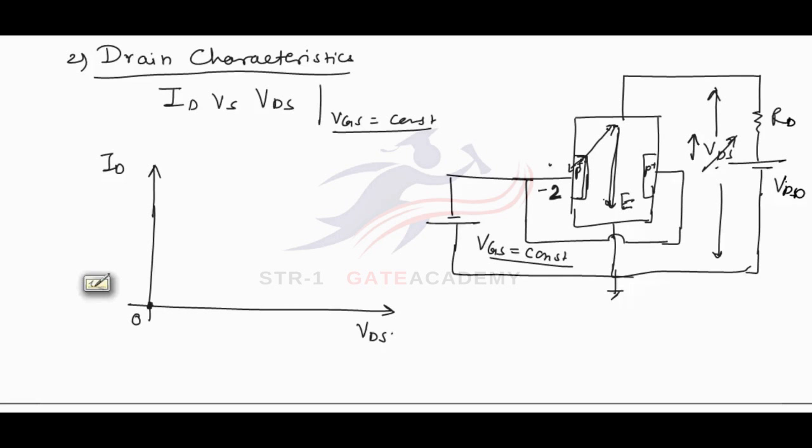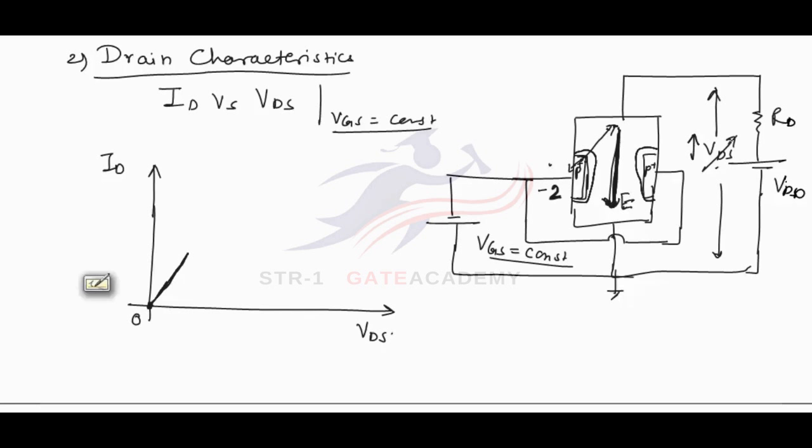Also, the field in the channel will be increasing. So now the depletion layer width can be seen like this. But with increase in electric field, the charge carrier flow will also increase, and at lower voltages of VDS, it is seen that drain current ID increases linearly with applied VDS.